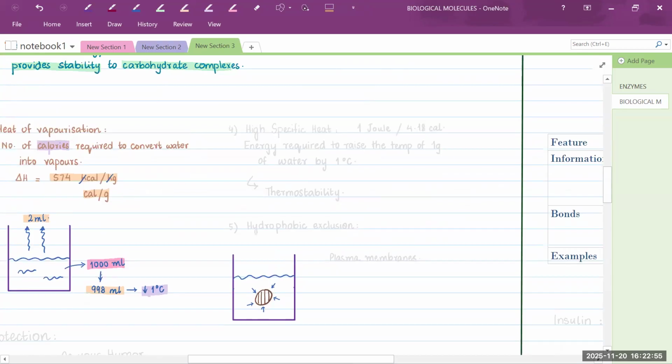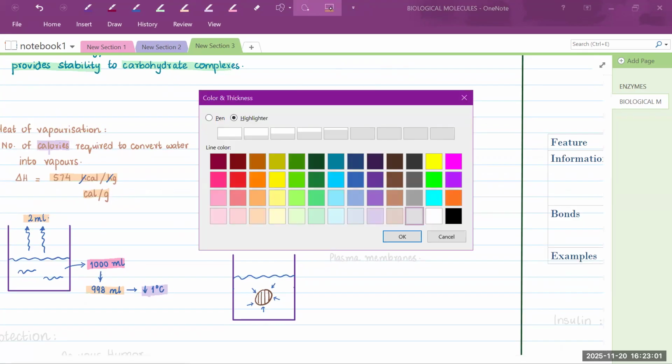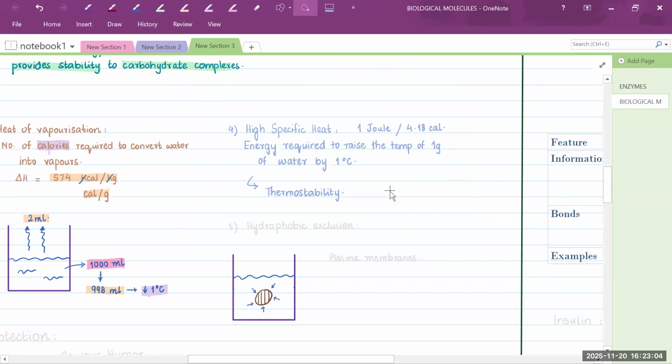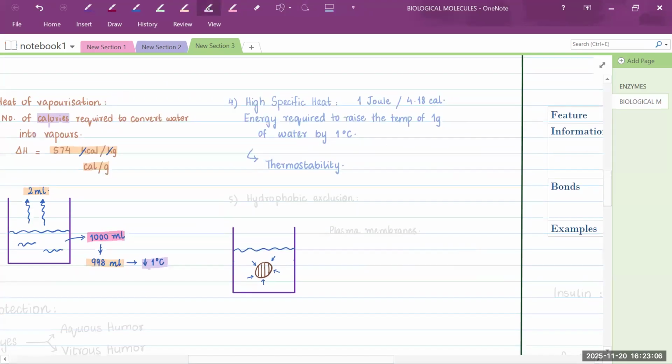Now moving on, we have the high specific heat capacity of water. What is high specific heat? It is the energy required to raise the temperature of 1 gram of water by 1 degree centigrade. And how much is that energy?